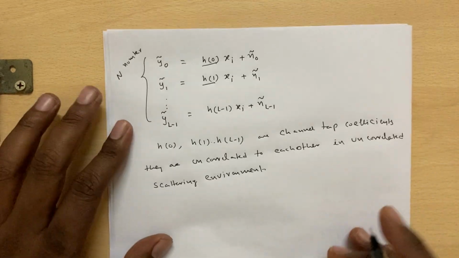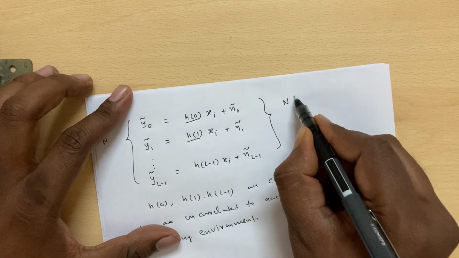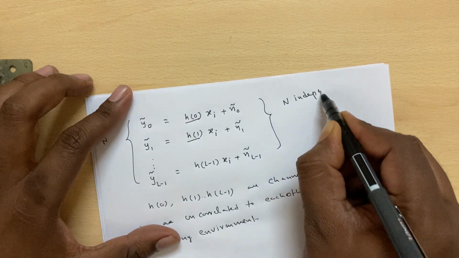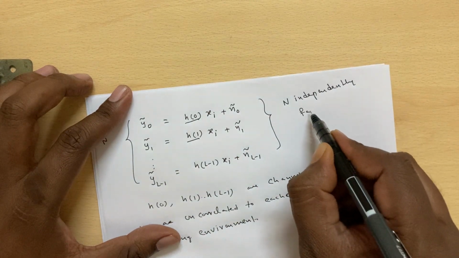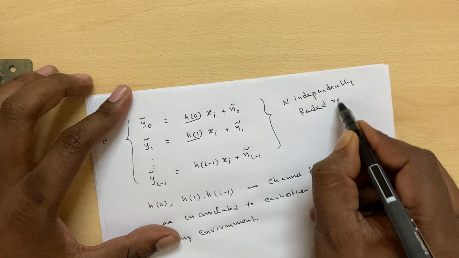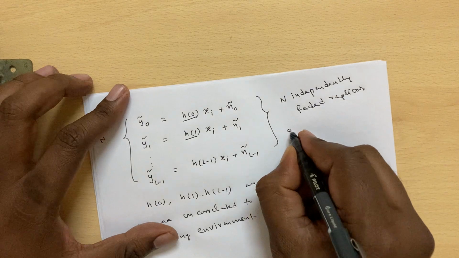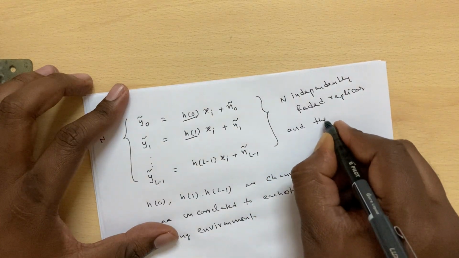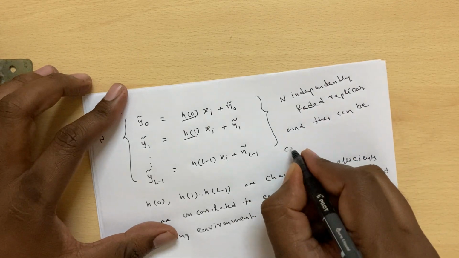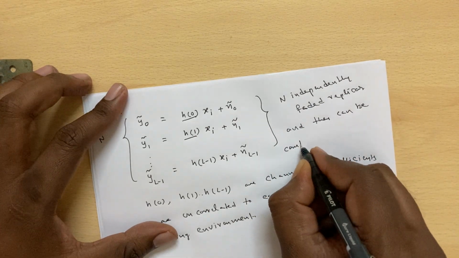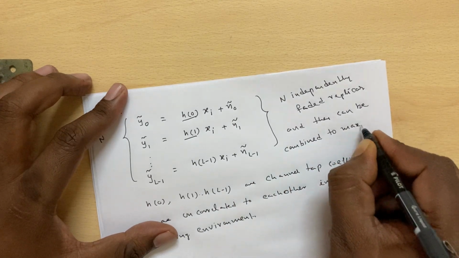Thereby what we have got is L independently faded replicas, and they can be combined to maximize the SNR.